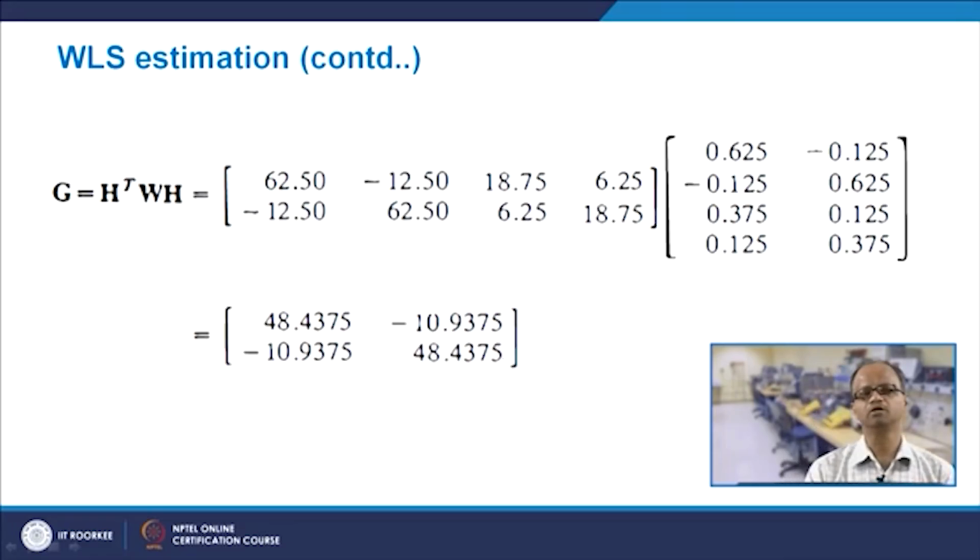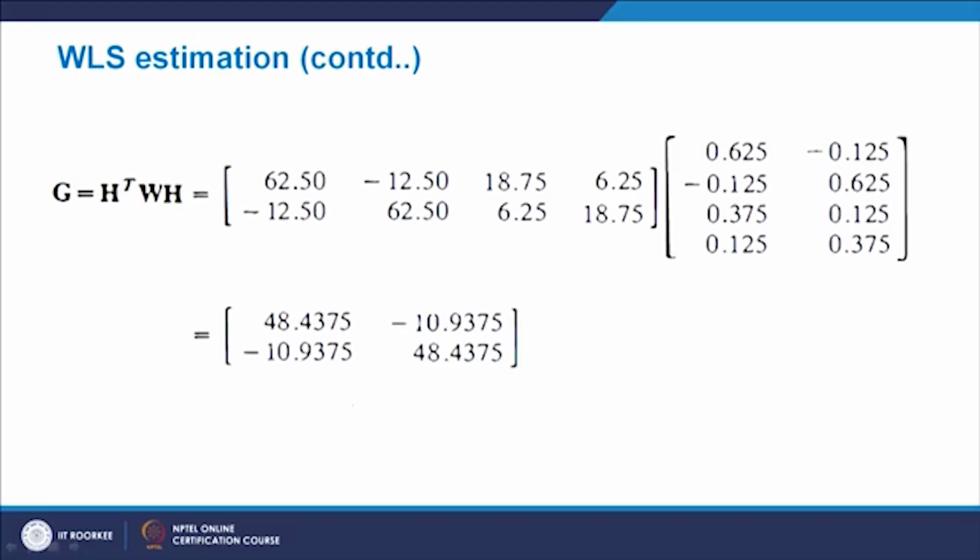We have already shown theoretically that if there are n values to be estimated, the dimension of the gain matrix is always n cross n, irrespective of the number of measurements used.